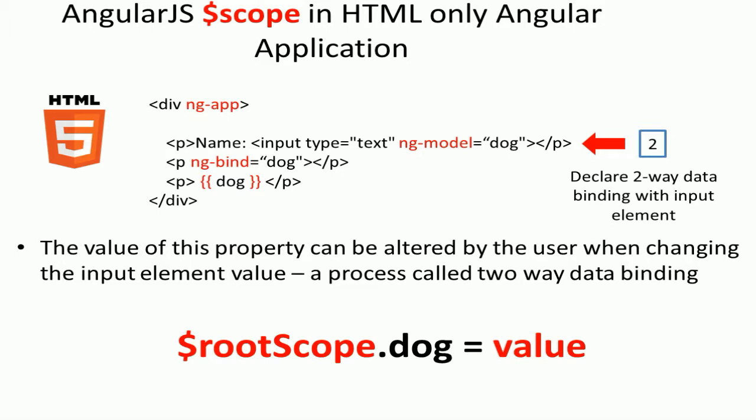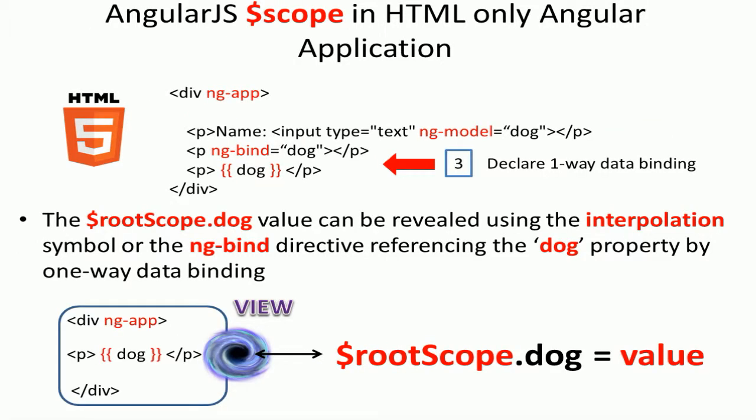The value of this rootScope.dog property can be altered when the user enters a value into the input element text field. This is an example of two-way data binding, as the value associated with the input field is bidirectionally linked or bound to the rootScope property declared by the ng-model directive. And this property is dog. rootScope.dog equals whatever the user enters into the input field.